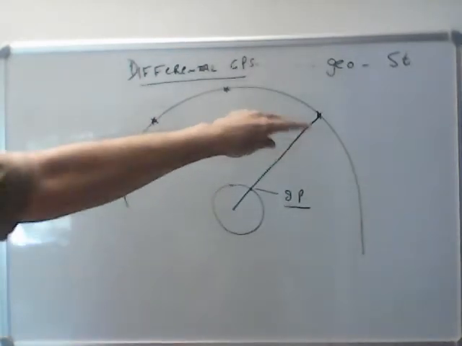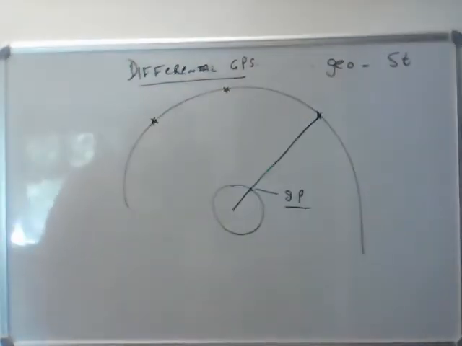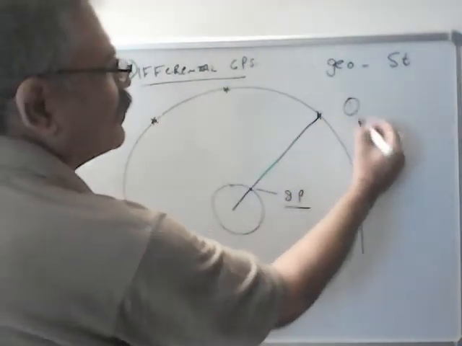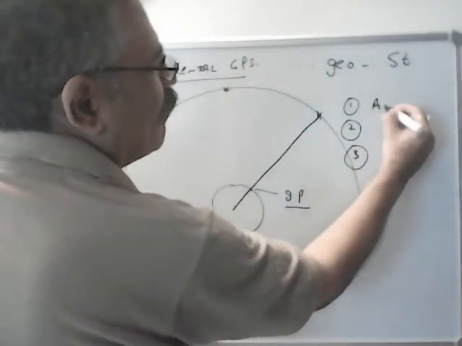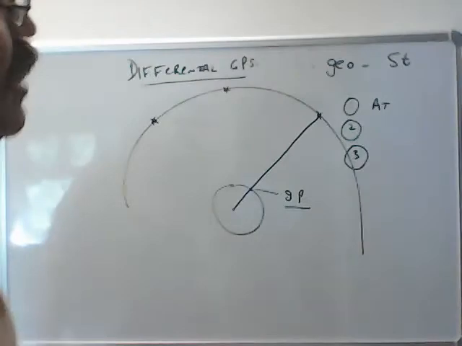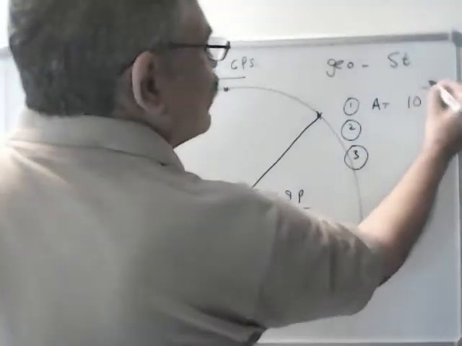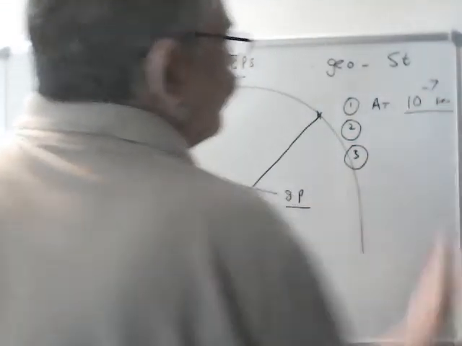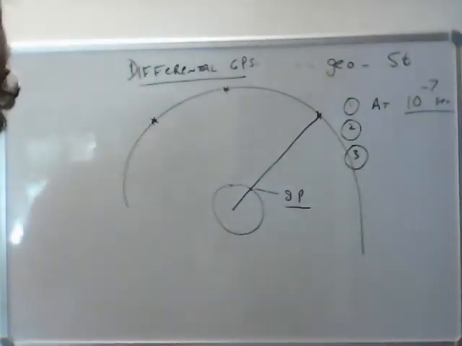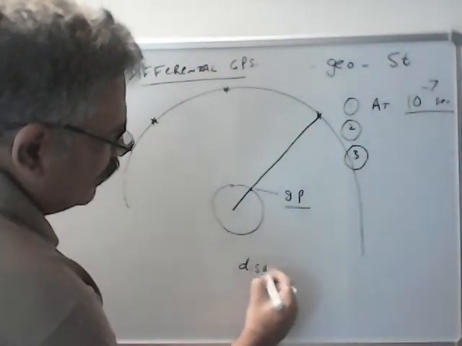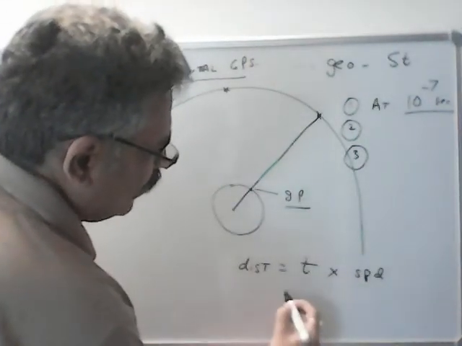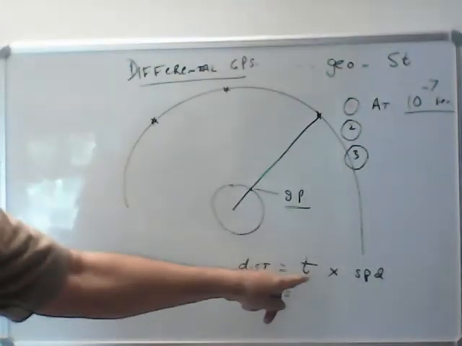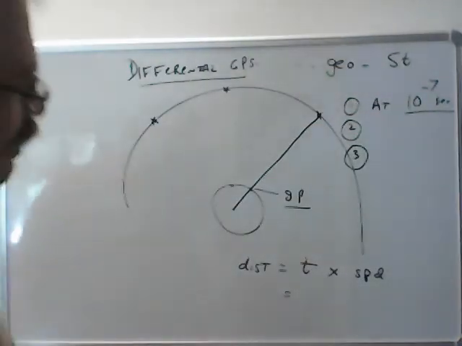Now this type of normal GPS had a certain error due to the following reasons. The atomic clock on this GPS receiver was accurate only to 10 to the power minus 7 seconds. So when calculating the distance of the satellite from the ship, time multiplied by speed, this time was accurate up to 10 to the power minus 7.